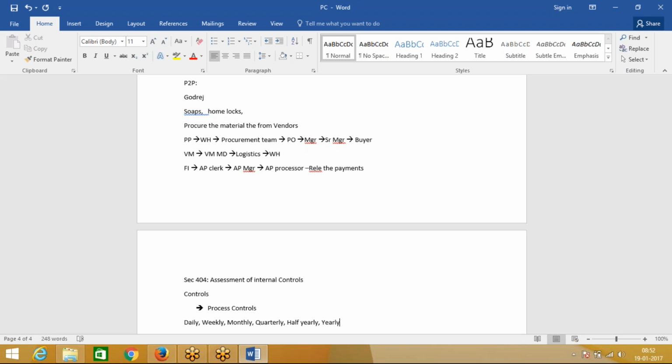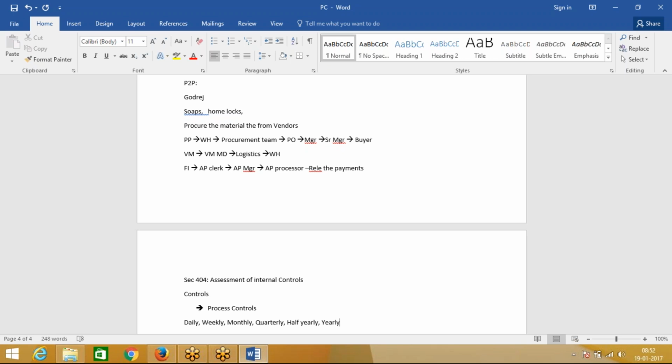In any of these frequencies, based upon the criticality of the control. Remember one thing: wherever finance controls are there, those are critical controls. In PC language we call them key controls. If it is on the finance side, mostly it will be a key control.